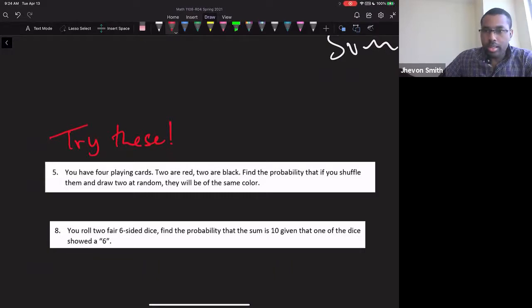Any guess as to the third one, problem 5, before we go? You have 4 playing cards, 2 are red, 2 are black. Find the probability that if you shuffle them and draw 2 at random, you get the same color. Meaning you get either the 2 black or the 2 red.